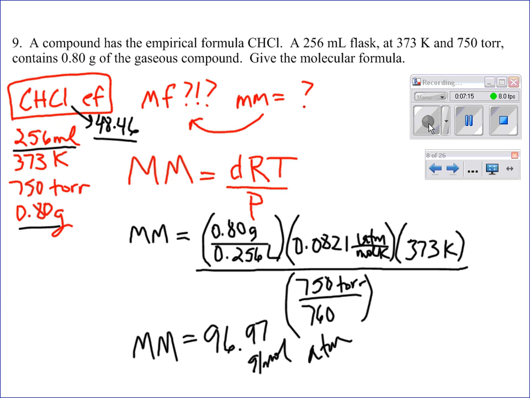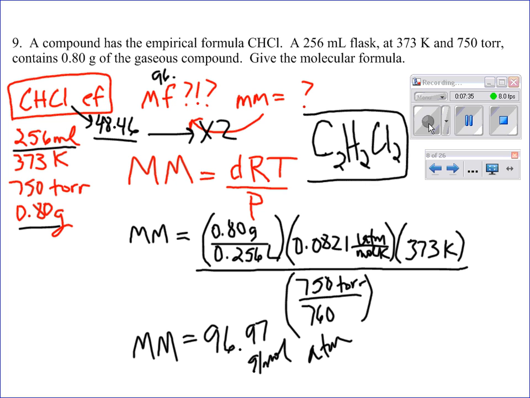This one weighs 96 something. What's the relationship there? Double. This is double. So what is my molecular formula? C what? C2H2Cl2. Good. And therefore, I have my molecular formula.